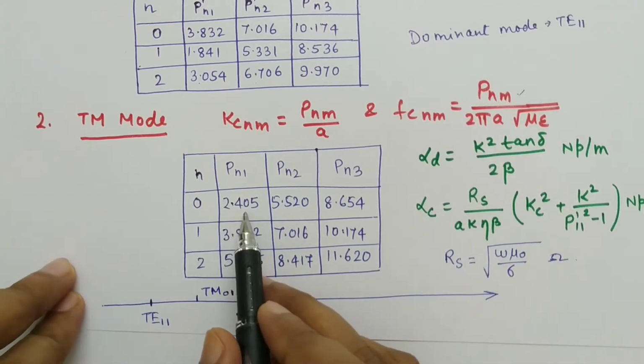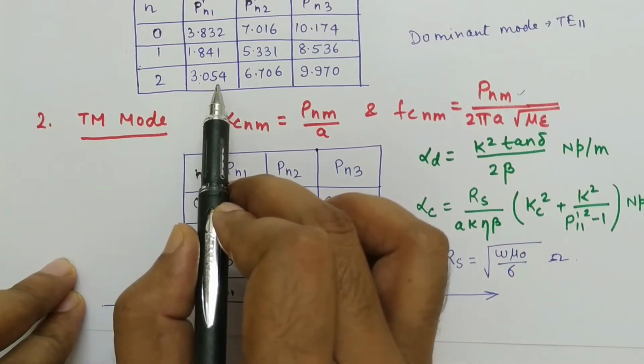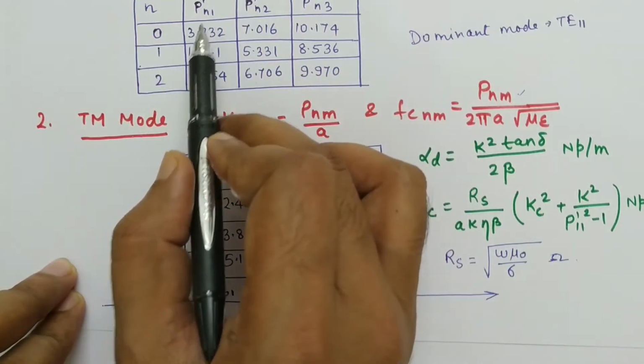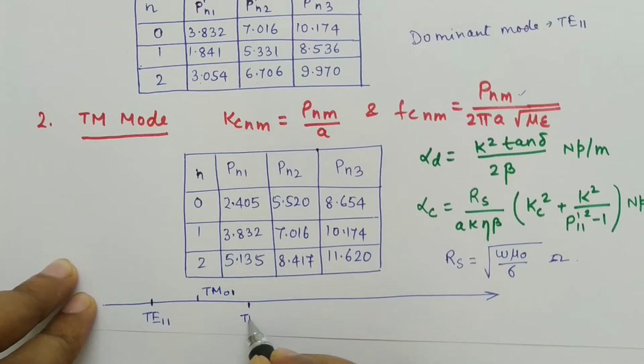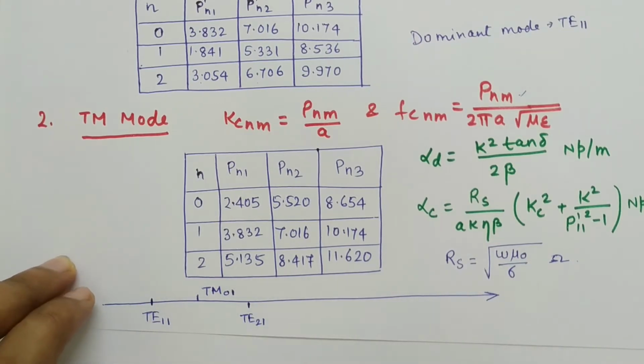Then after that we have the value 3.054. So the next mode will be TE with n equal to 2, so TE21. I am just writing the TE mode on the lower side of the line and the TM mode on the upper side of the line.